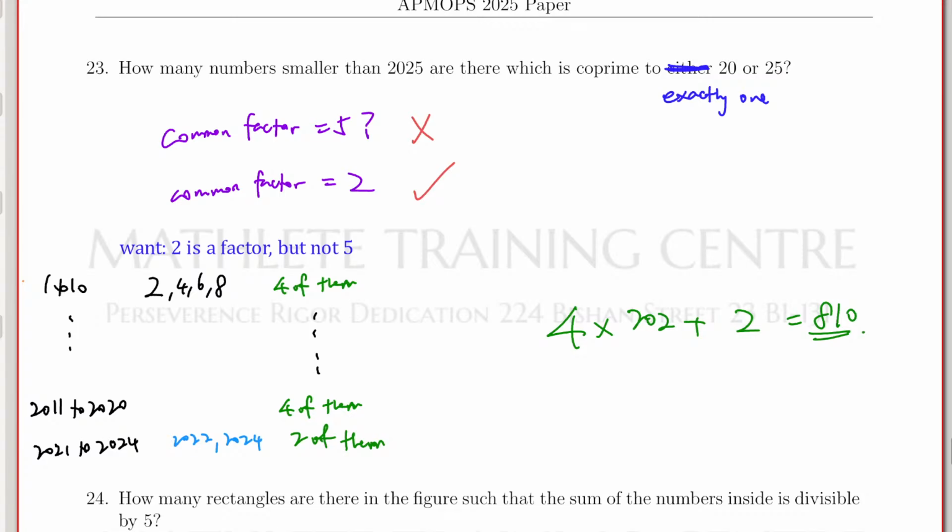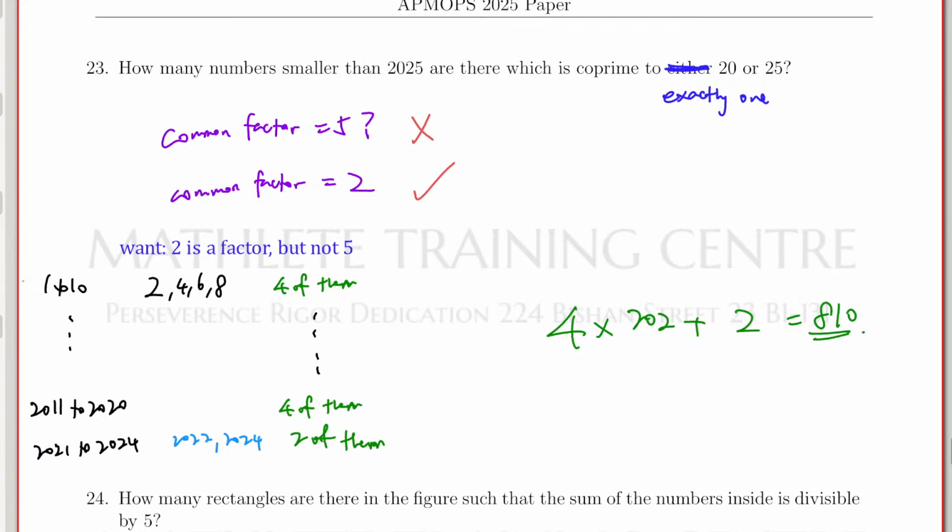The question in the exam says either 20 or 25, but either doesn't quite make sense, because then why is 25 there?